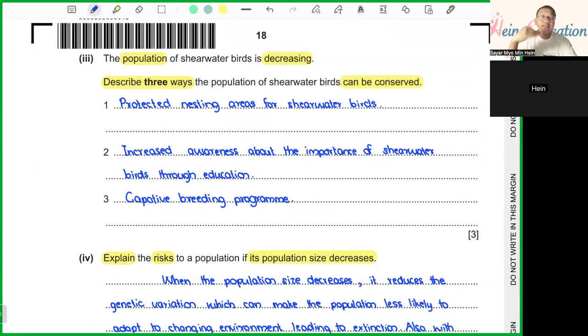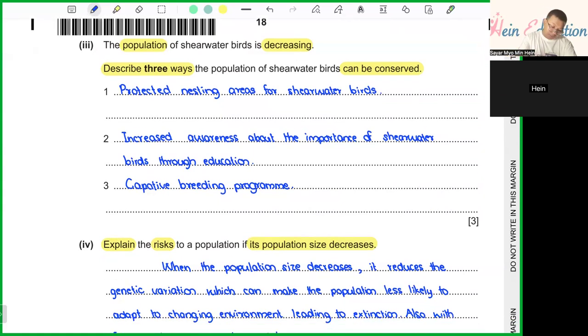And also another thing we came up with is education, where we can increase awareness and share the importance of shearwater birds by educating people. And another thing is a captive breeding program, where a zoo plays a role in the captive breeding process so that we can conserve the population of shearwater birds.